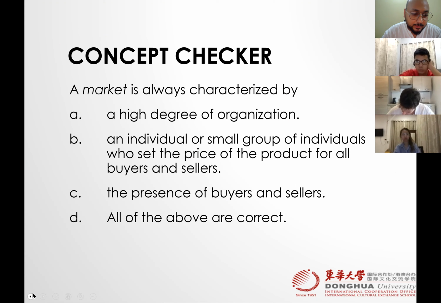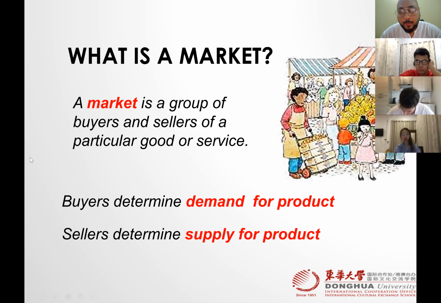So a market is a group of buyers and sellers of a particular good or service, right? So in the market, there is a product, somebody wants to buy that and somebody wants to sell it, whether it's a service or a physical good. So who creates demand?